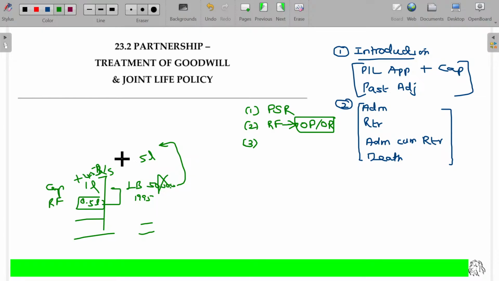Based on the 5.5 lakhs of investment, I demand your share to be invested, not with the old values. So you have to do revaluation of assets and liabilities. Revaluation of assets and liabilities, third step. Clear.